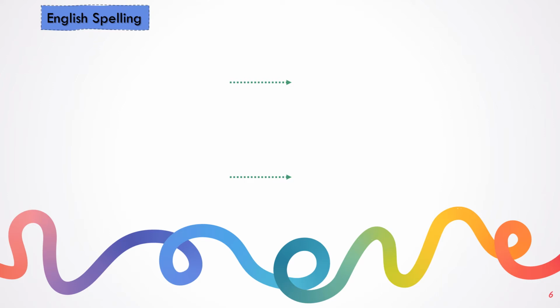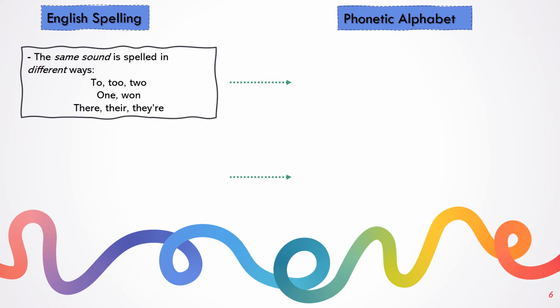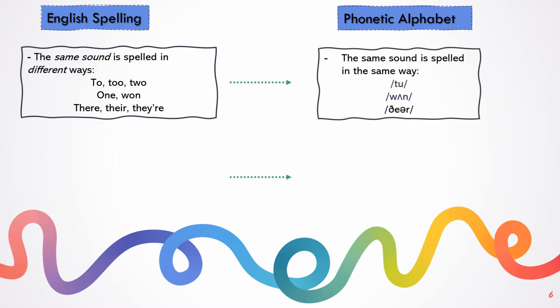On the left side, you're going to see the English spelling words, while on the right side, you're going to see the phonetic alphabet. So for instance, right here, you're going to see that the same sound is spelled in different ways. This is the phonetic alphabet transcription. The same sound is spelled in the same way.